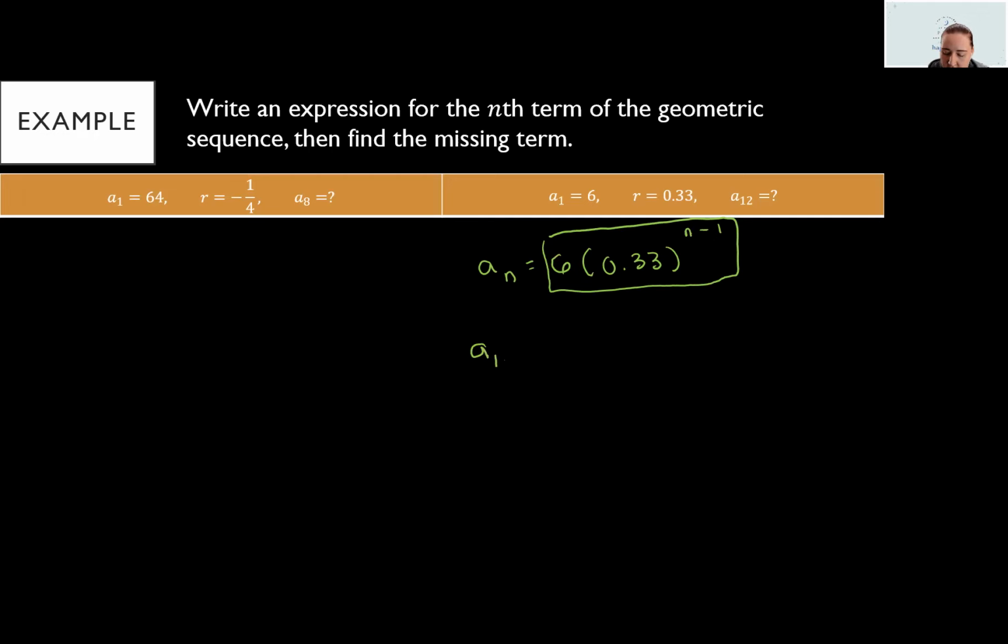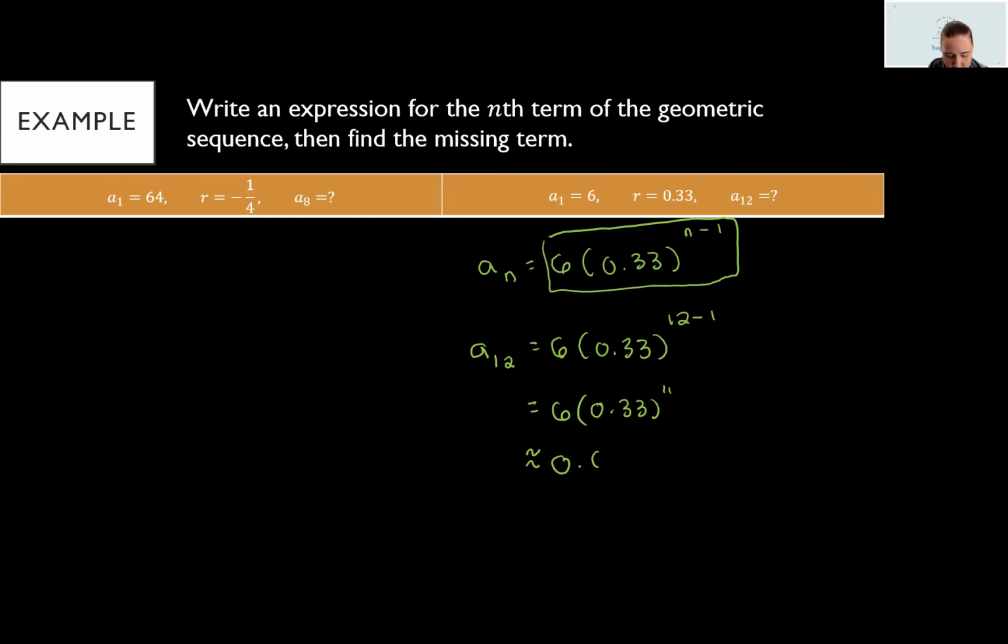Now we're being asked to find the 12th term. So you just need to plug in 12 for n. So we have 0.33, and that's going to be to the 11th power. You're going to get lots of decimals, and then I'm going to multiply that by 6.